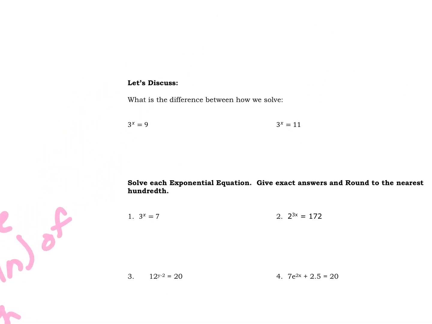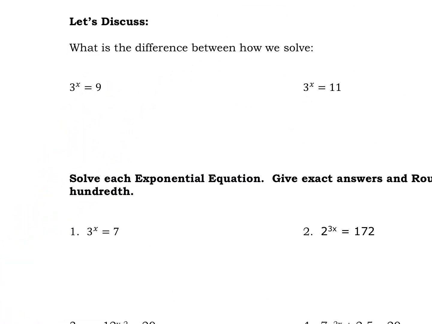What's the difference between how we solve those two problems? What do you notice that changes how we would solve each of these? Common numbers with 3 and 1. Okay, no common numbers here.